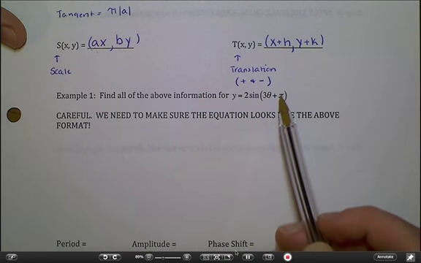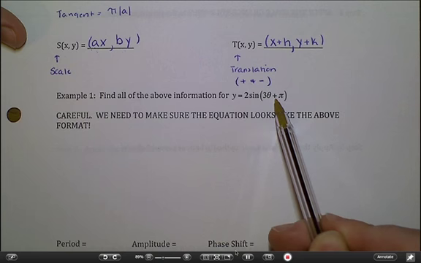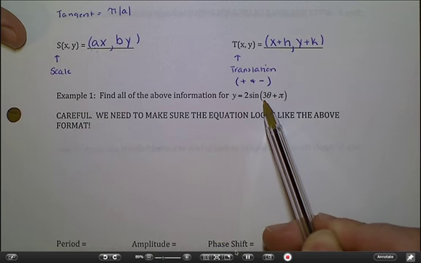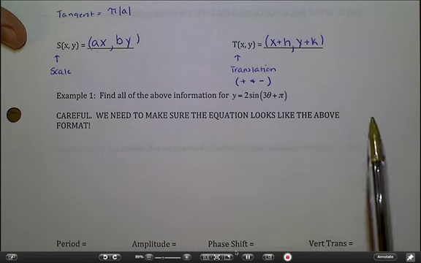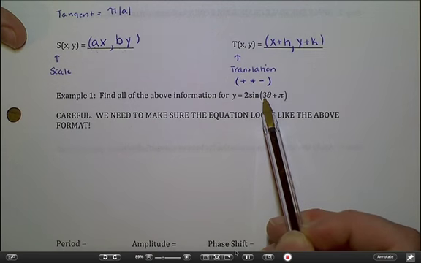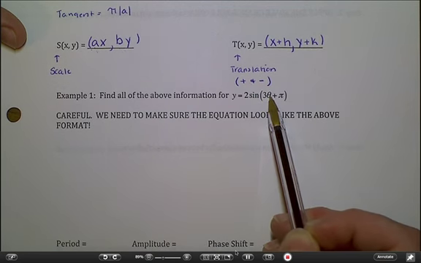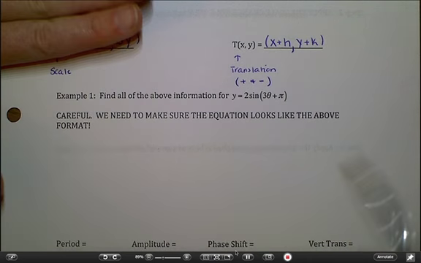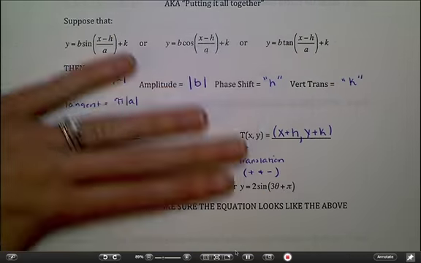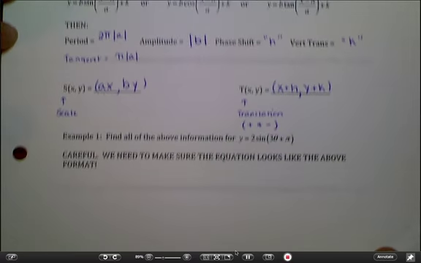In the past, I've always avoided giving you a horizontal translation with some sort of horizontal stretch or compression, but not anymore. You have to separate this 3 from the rest of the stuff on the inside in order for all of this stuff up here to work.